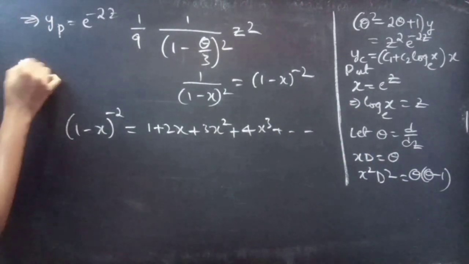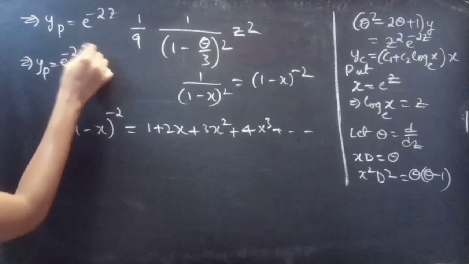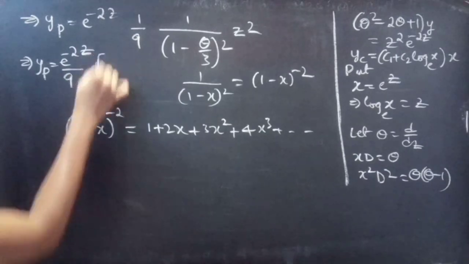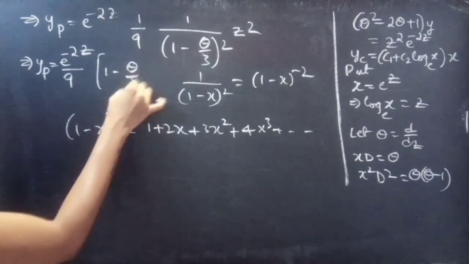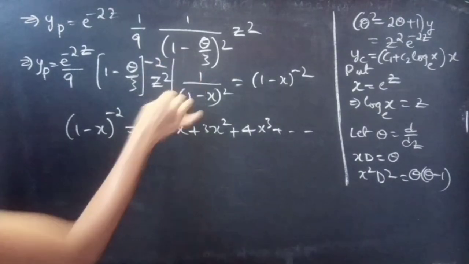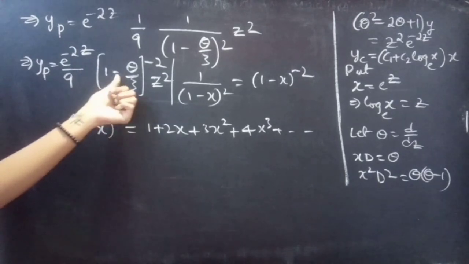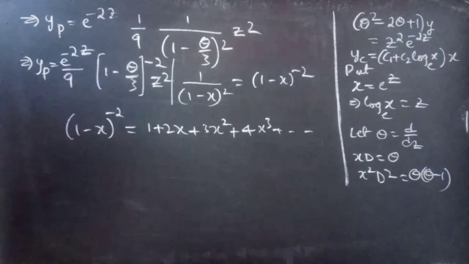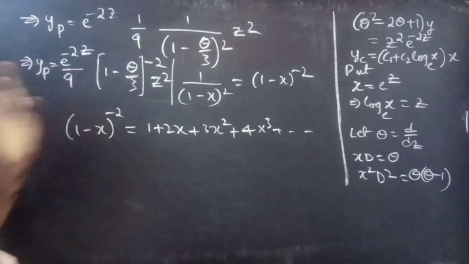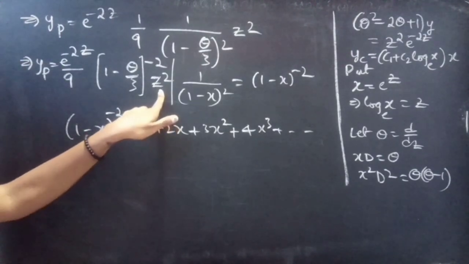Our yp becomes e power minus 2z by 9 into 1 minus theta by 3 power minus 2 into z square, right? Now, we need to expand 1 minus theta by 3 whole power minus 2. Before heading to this step, we'll find derivatives of z square.